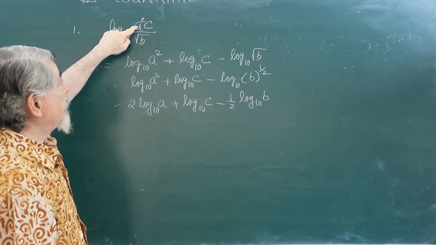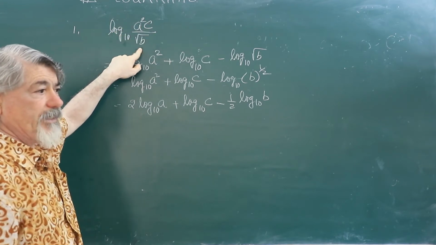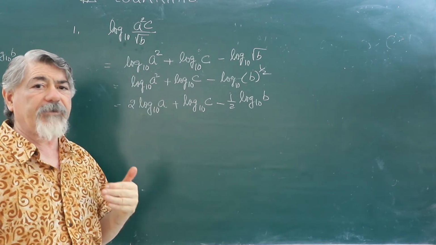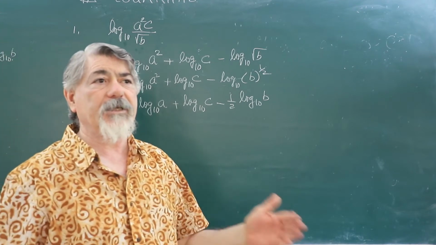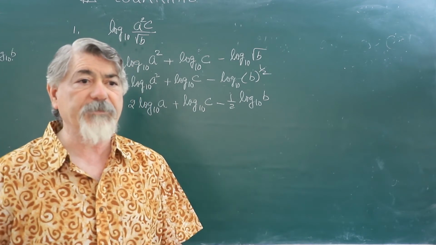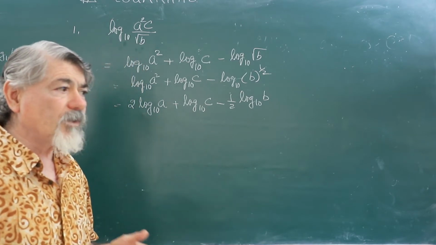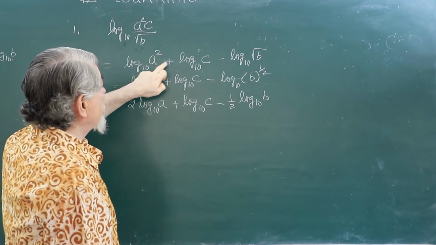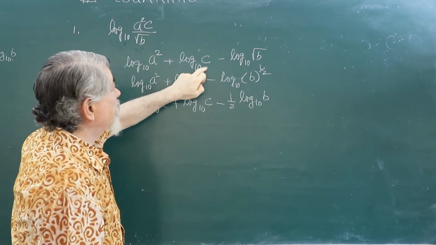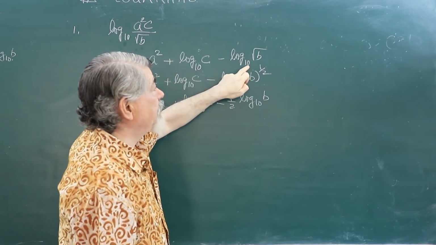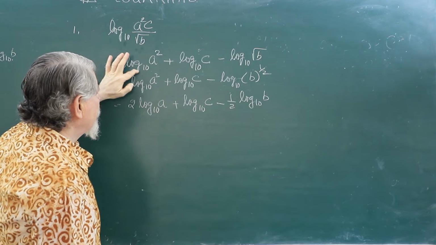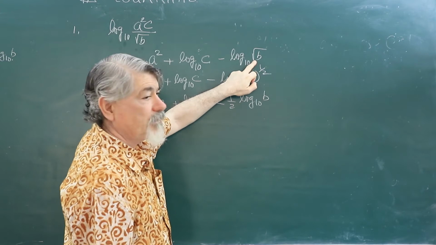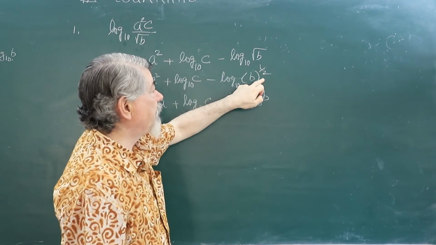So log a square into c upon under root b to the base 10, as I told you in the beginning, he has mentioned the base 10, but if he does not mention the base, we are going to consider it to be base 10, because common logarithms are taken to the base 10. So log a square to the base 10 plus log c to the base 10 minus log under root b to the base 10, and this under root is changed to the power half, b to the power half.